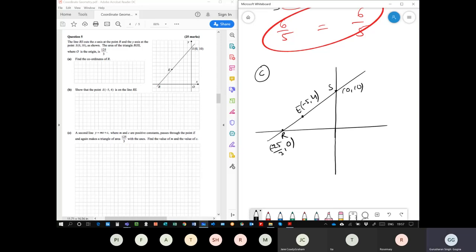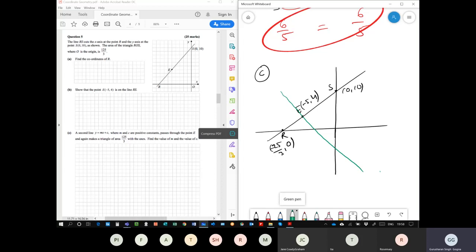So how will you draw this line first of all, which must pass through E, and it will make the same area. Okay, so one way is I can draw a line something like this.